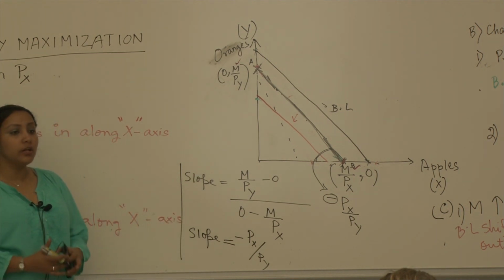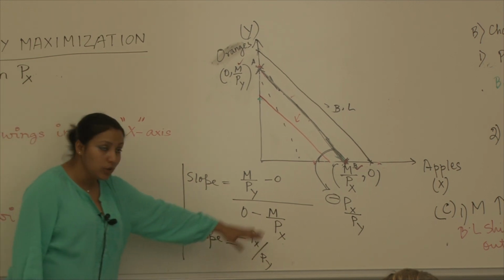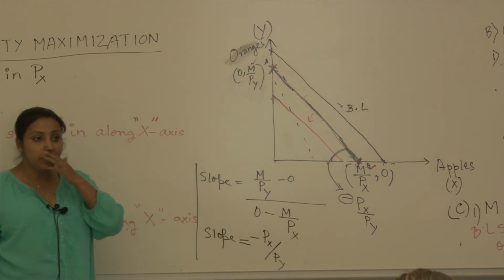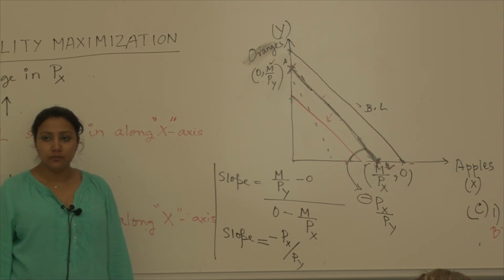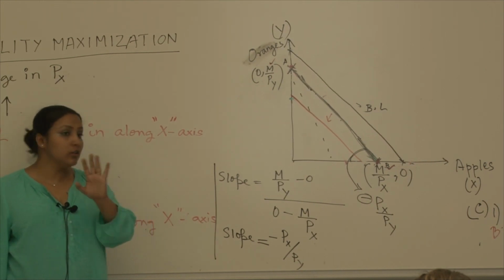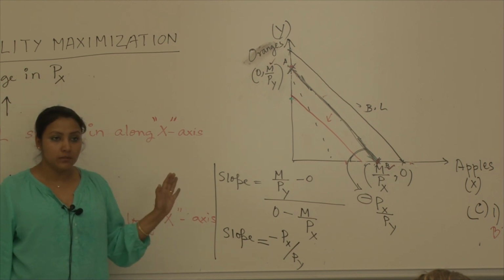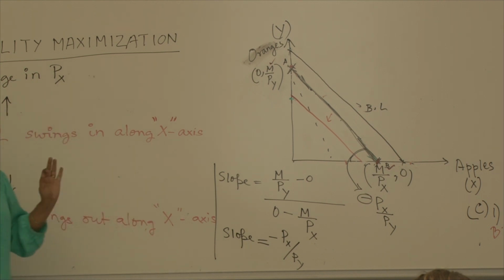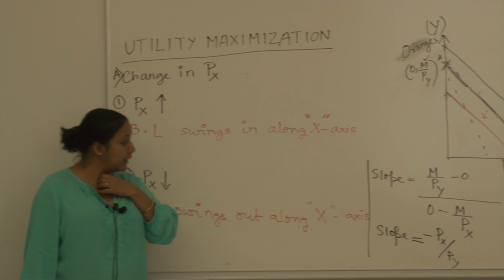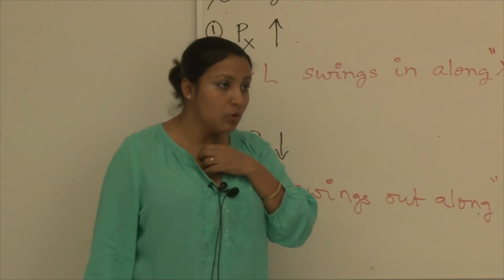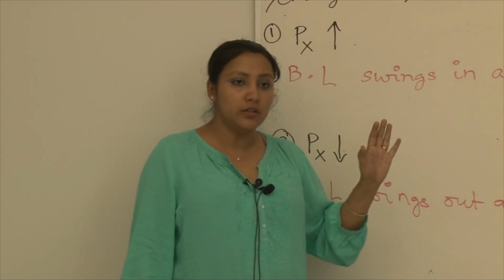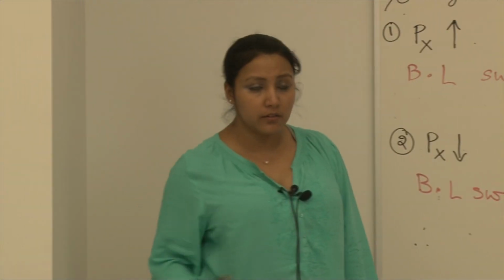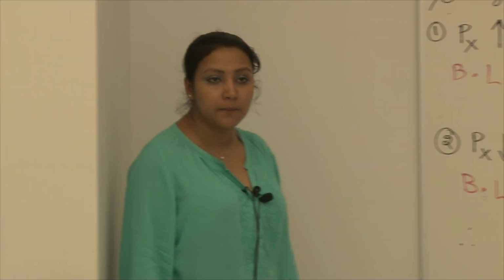The denominator going down with no change in the numerator would mean that the slope increases. This is mathematically true. This is no economics. If you are having a problem getting that, spend 2 minutes at home thinking about it, put some numbers to it, and you will get it. This is not econ, this is just math.